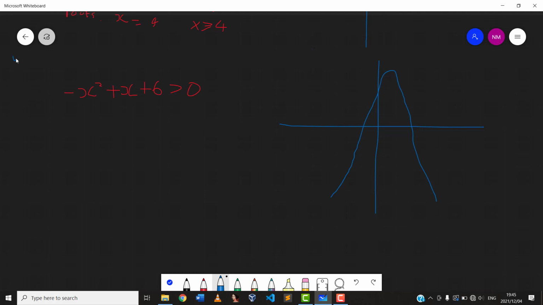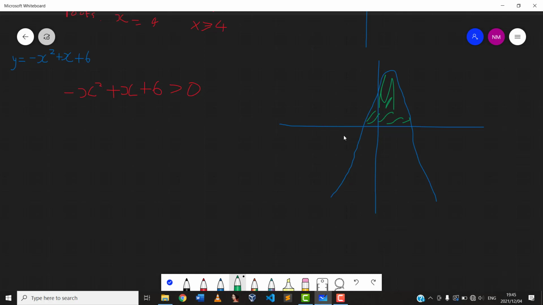So we can kind of imagine it in our heads. We can say minus x squared plus x plus 6. Okay. So where is y greater than 0, right? It's greater than 0 in this area over here, in this area bounded by the two roots.